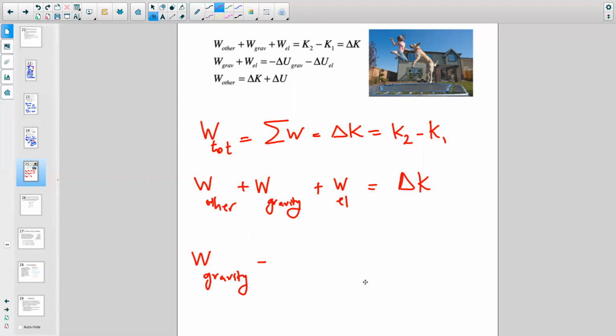In other words, if I want to write it a little bit better, negative mg delta h, or negative delta U of gravity. We know that.